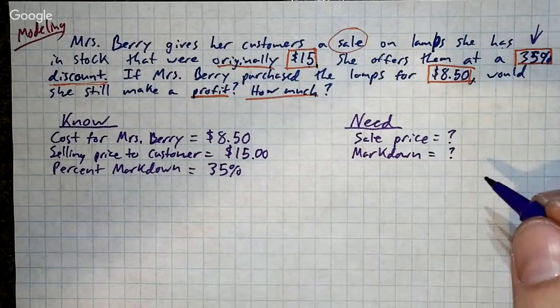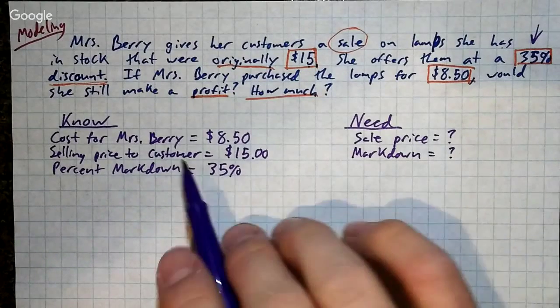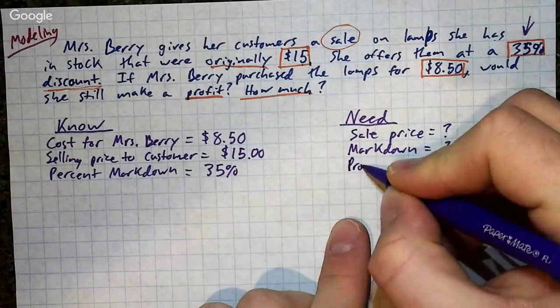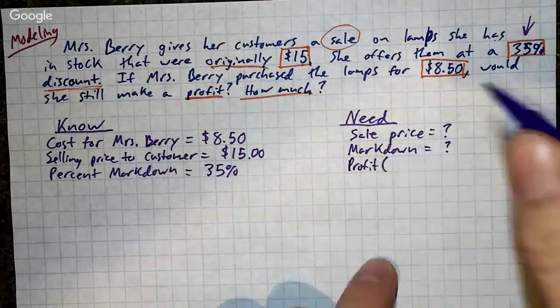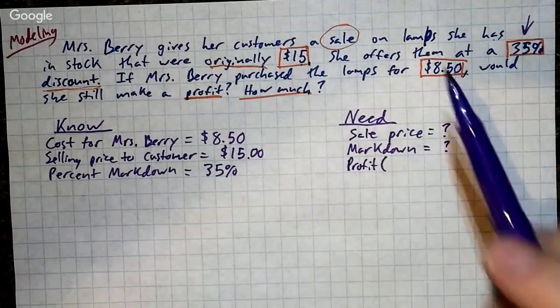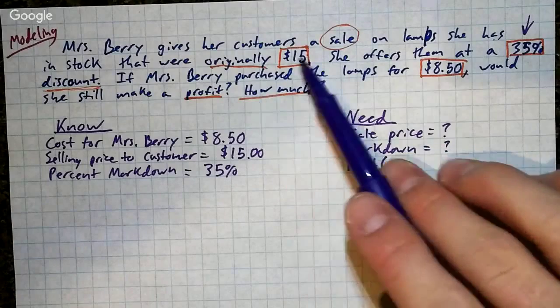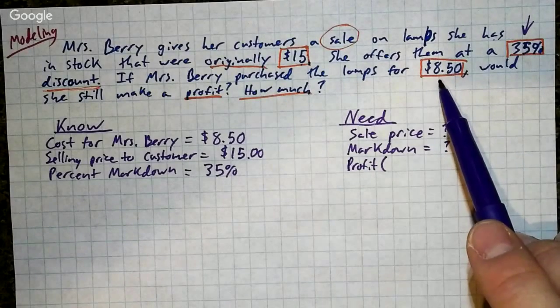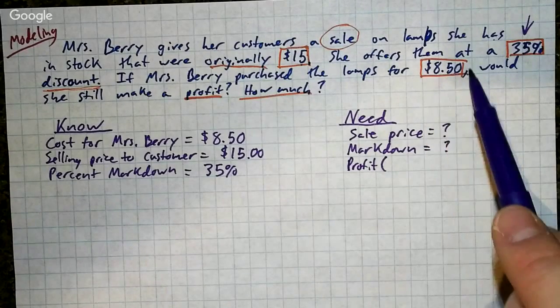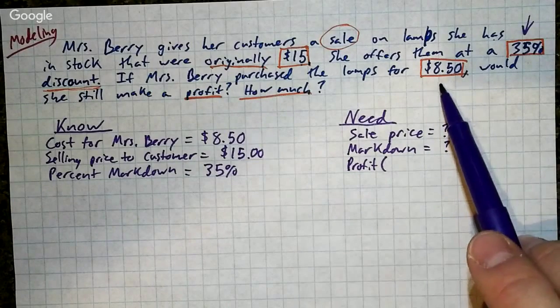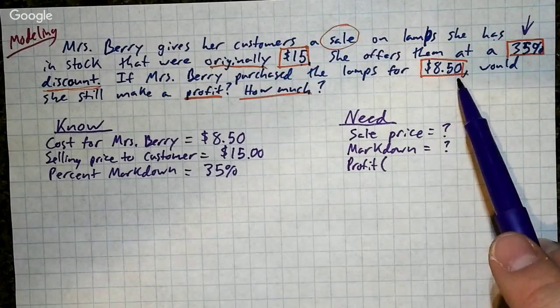We also need to know what? Well, we actually need to know the profit. And what would the profit actually be in this case? Well, the profit would be the markup. After the sale price, what would the markup be from her actual purchase price? If it's 0 or less, that means she's not making any money.